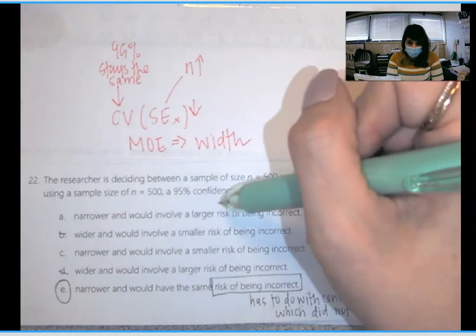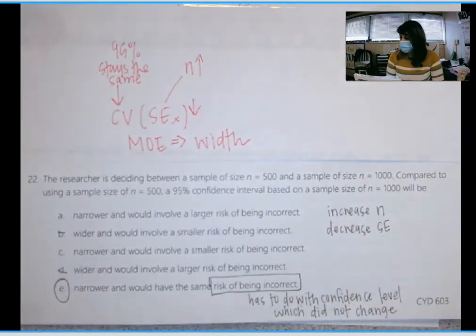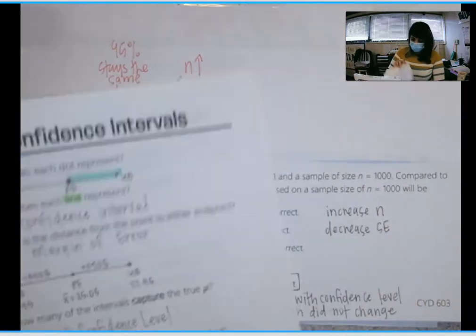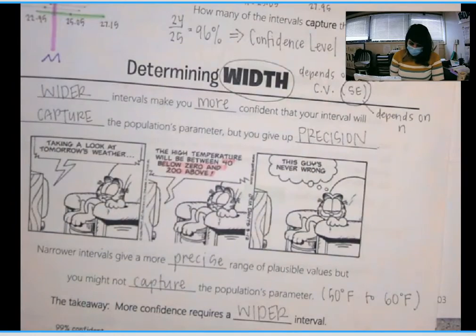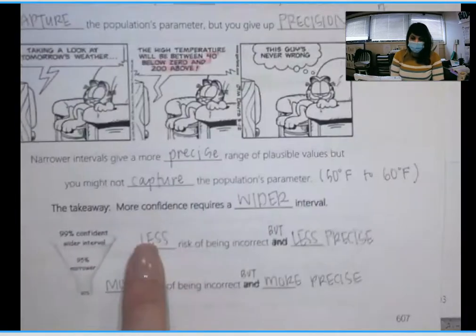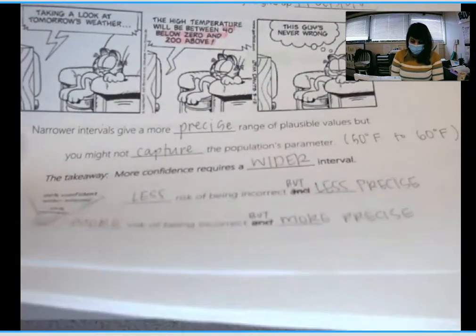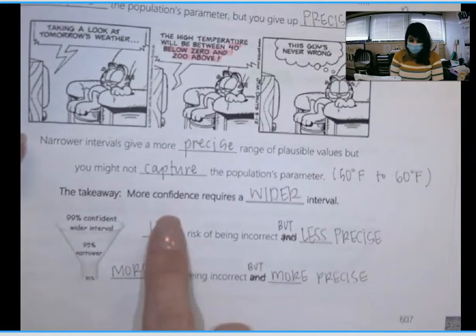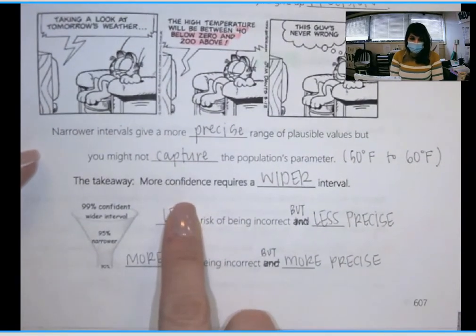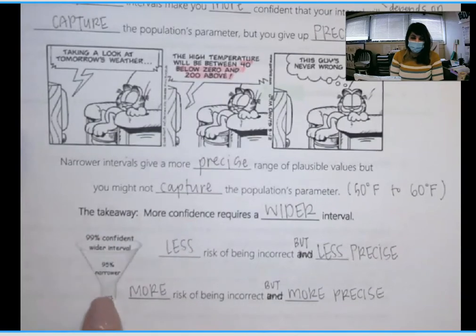Then it says, does our risk change? Well, if I revisit how risk is determined, it looks like our confidence level is what determines risk. So notice here when we're talking about risk, we're looking at the confidence level.